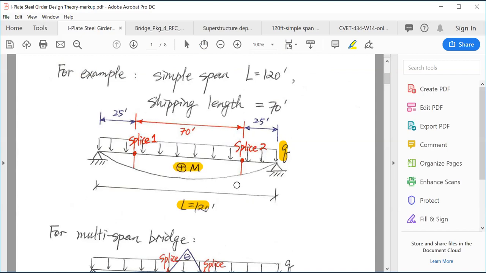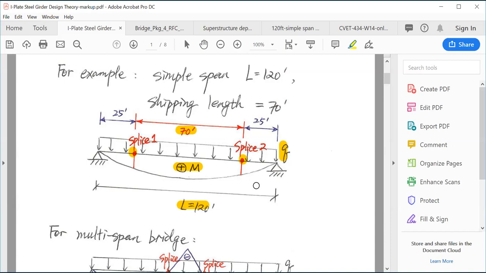Based on the moment diagram, combined with the shipping length requirement, we need to determine where the location is that has the minimum moment requirement.